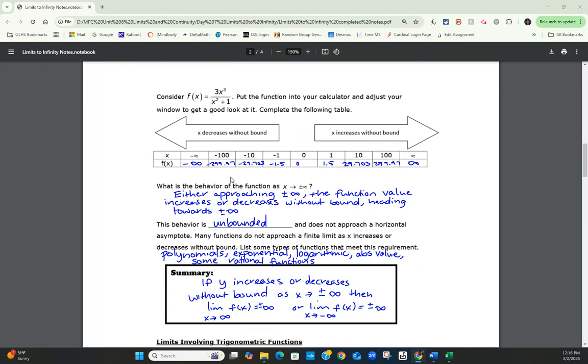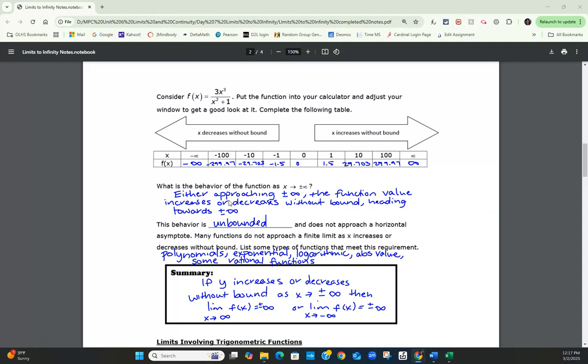What you should see this time is the values are pretty different, and you probably don't notice any kind of a horizontal asymptote showing up. You should notice that on the left of the function, it seems to be going down to negative infinity, and on the right side of the function, y seems to be going up to infinity.